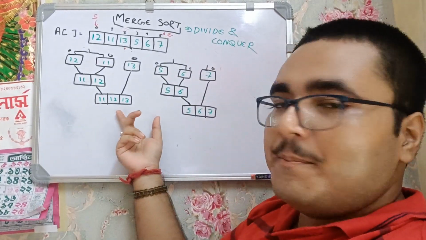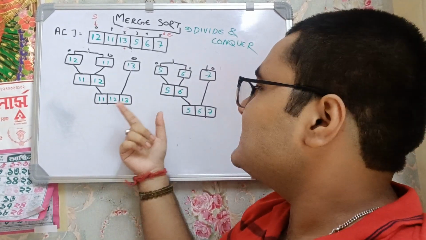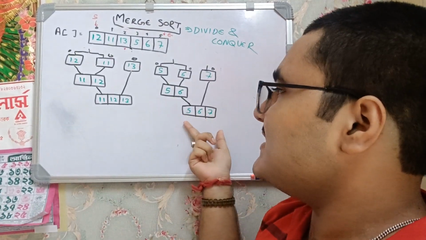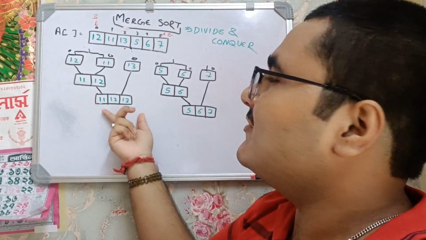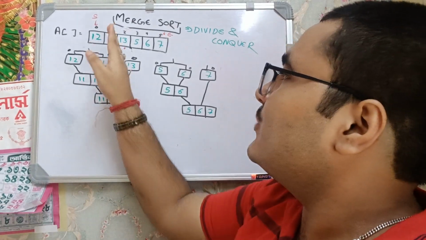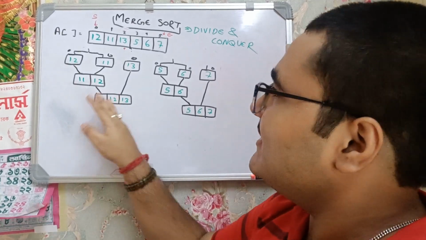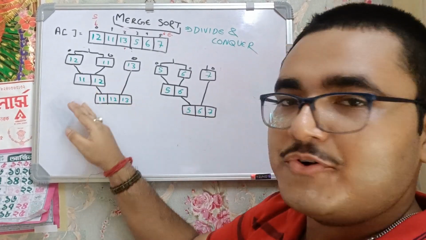We should merge these two arrays in such a manner that 5, 6 and 7 are all less than 11, 12 and 13. Here we have 11, 12 and 13, this portion is already sorted. 5, 6, 7 should come before this array.